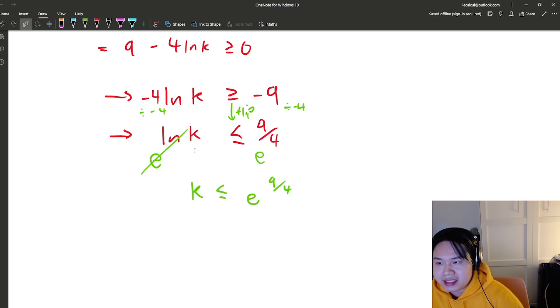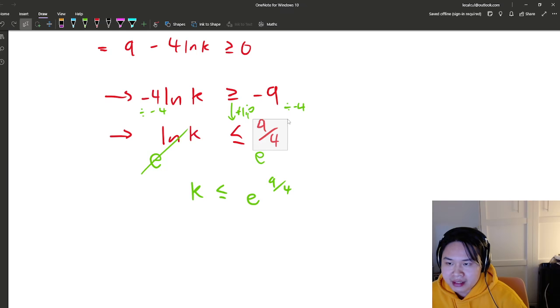What I was trying to say is that k is the result of e to the power of something, and it needs to be compared with 9 over 4, which is an exponent.